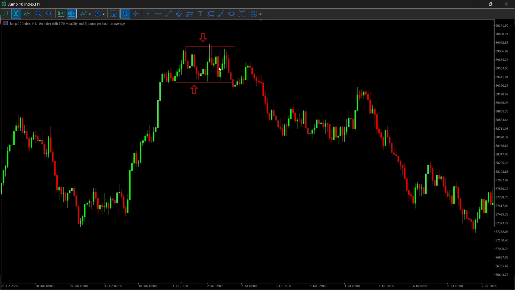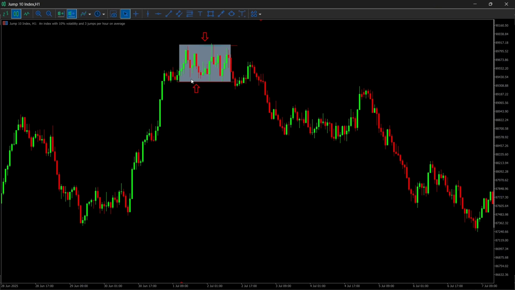But I will advise you to use a rectangle box to mark the zone out, so it will be safer for you to know if the trend is changing or not. Okay, good. You can see no higher highs, no higher lows.